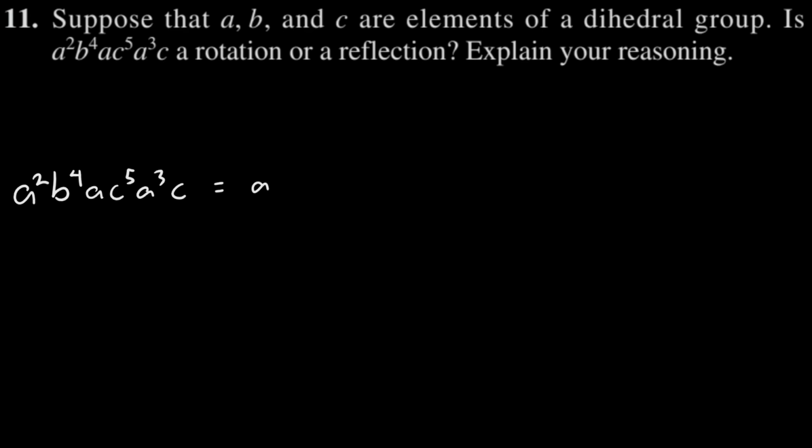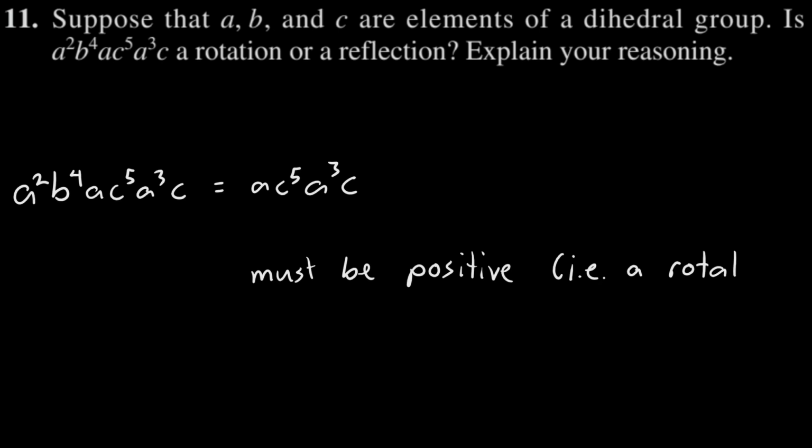So we'll just have A times C to the 5th, A cubed C. And if you think about it, since there's an even amount of A's and an even amount of C's, regardless of whether A or C are negative or positive 1, we'll still end up with a positive 1. So this expression must be a rotation.